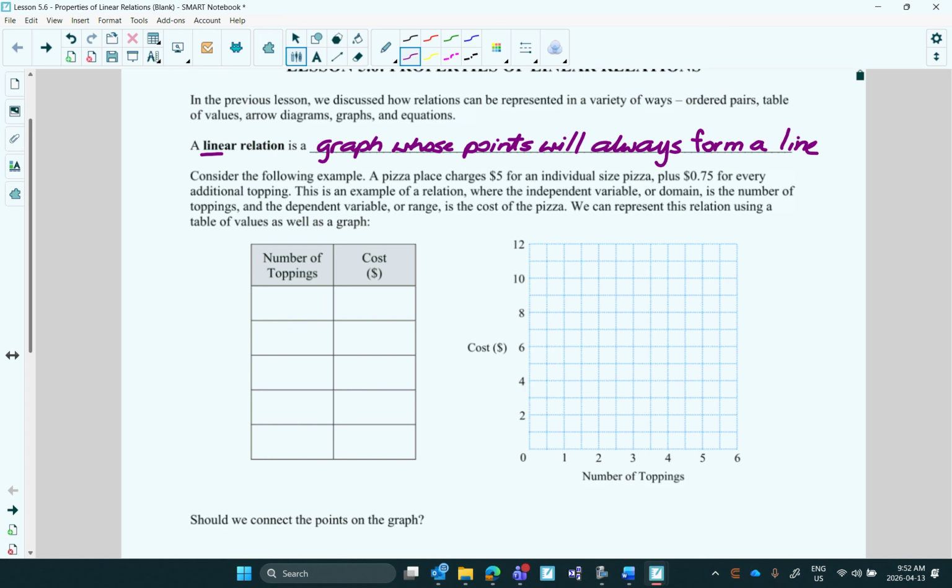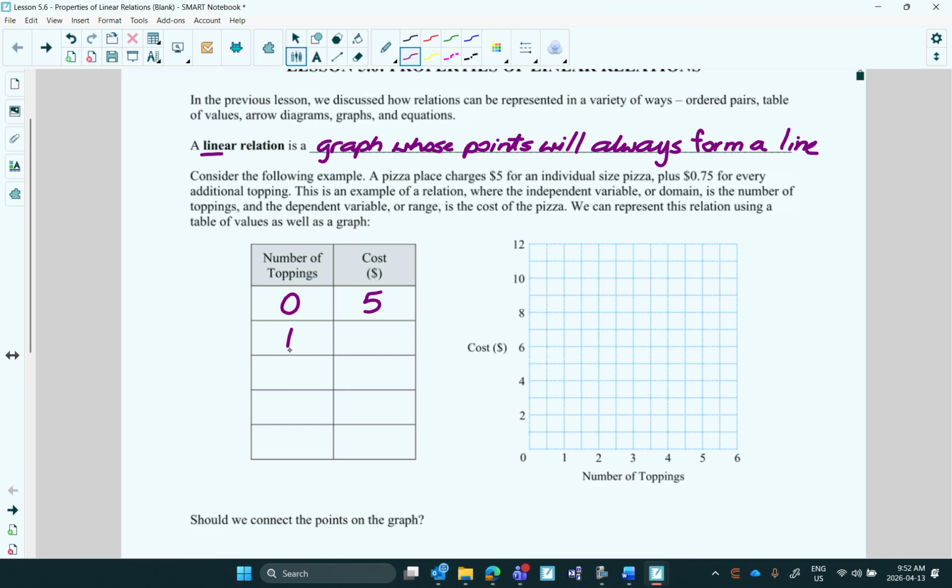So we can show it using a table, and from the table, we can graph it. So let's take examples for number of toppings. Well, first of all, let's assume that it's a cheese pizza. You get the cheese, so you have 0 toppings. How much does the pizza cost? 0 toppings, $5.